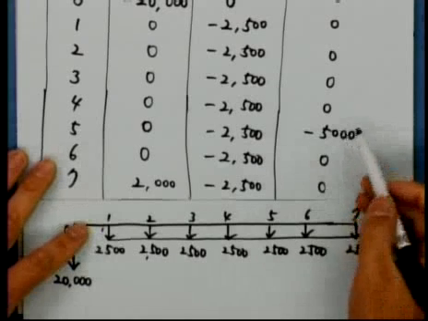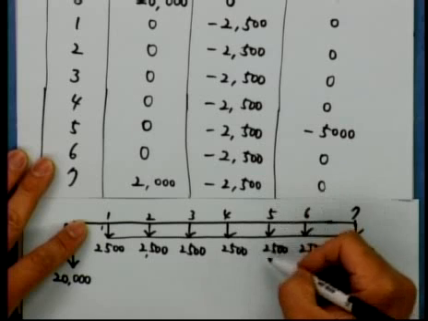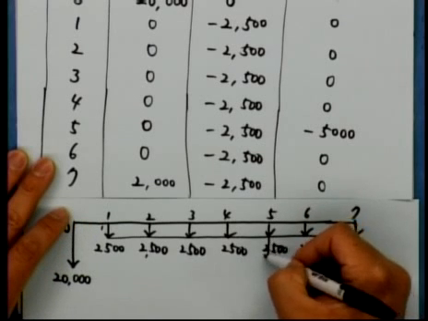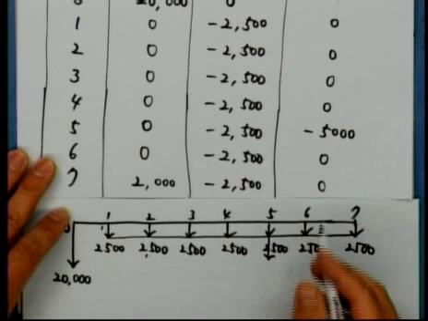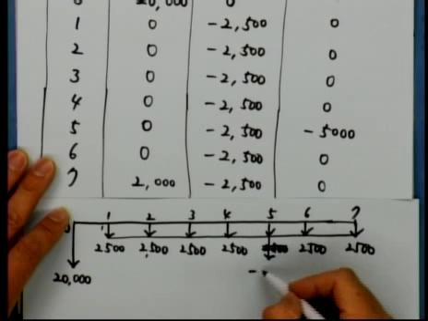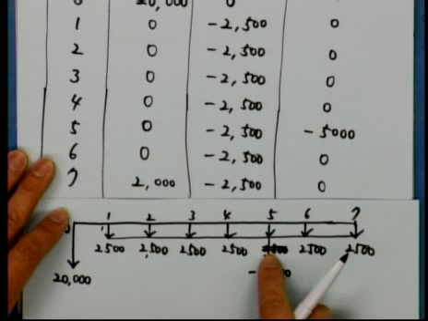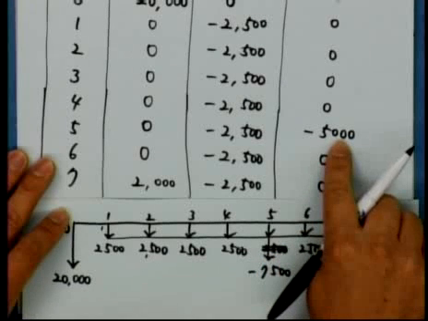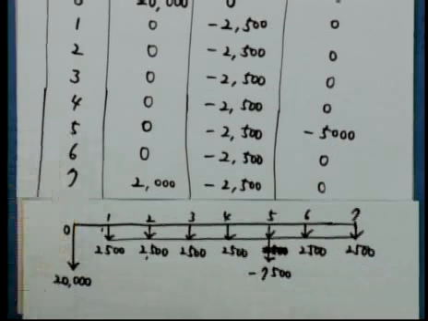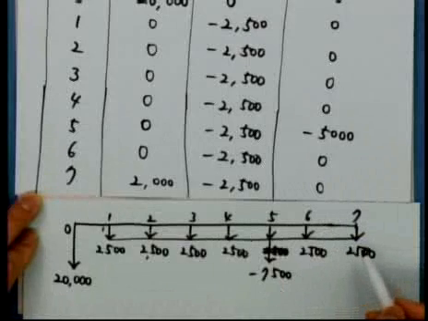However, because of this overhaul cost of 5,000 at the end of 5th year, you're going to have this. Okay, so instead of 2,500, you need to put negative 7,500, which is 2,500 plus 5,000. Okay, so this is going to be the cash flow diagram.